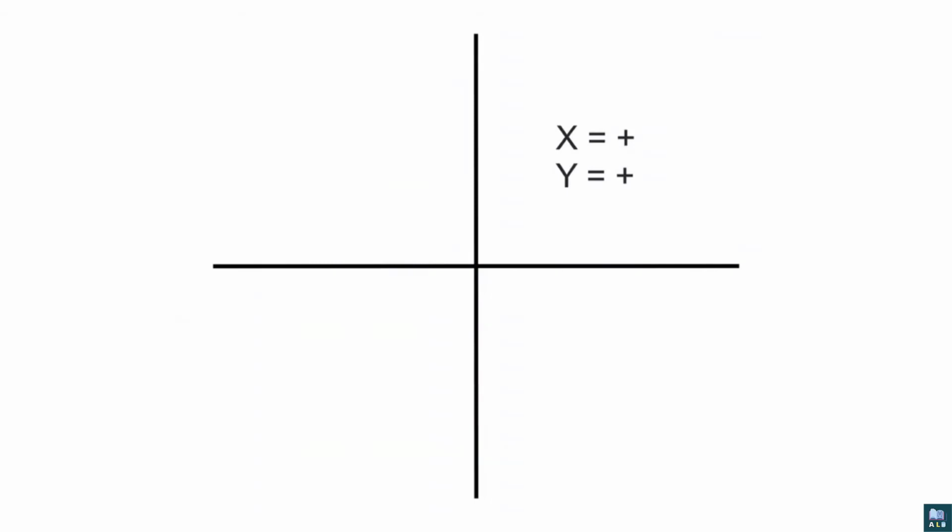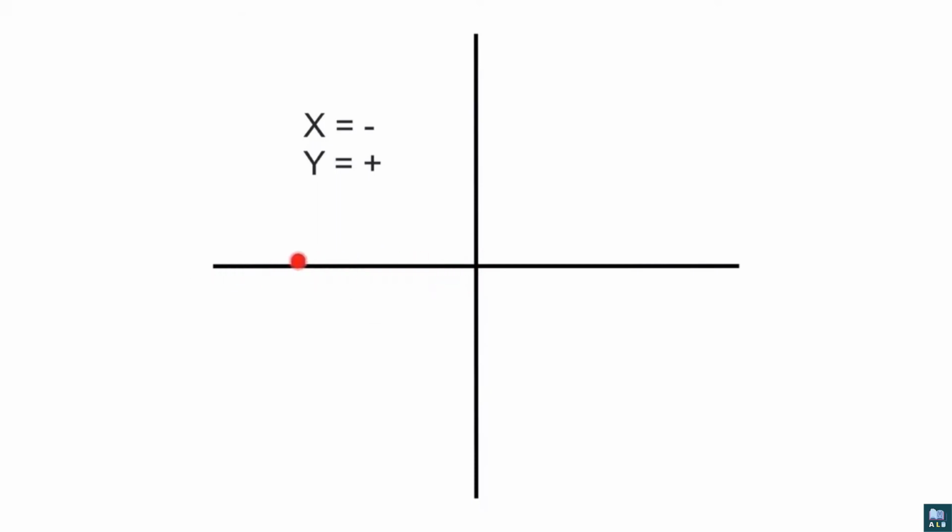So when we're dealing with quadrant number 1, on my x-axis, it's positive. On my y-axis, it's positive. Therefore, x is positive and y is positive. This will make more sense as we throw some numbers at it in our next video. Now, if we look at quadrant number 2, the x is negative.